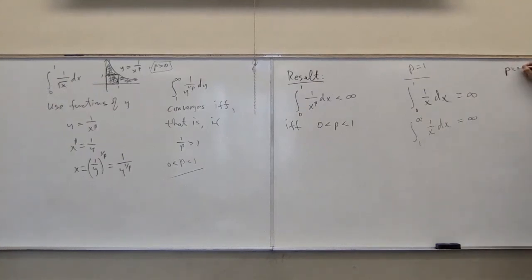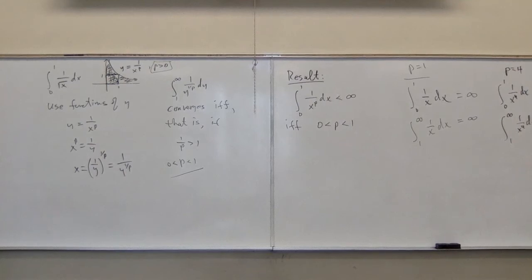But if I can bump P off of 1, say to 4. The integral from 0 to 1 of 1 over x to the 4th dx, and the integral from 1 to infinity of 1 over x to the 4th dx. What have we figured out here? Which one of those converges? The bottom.